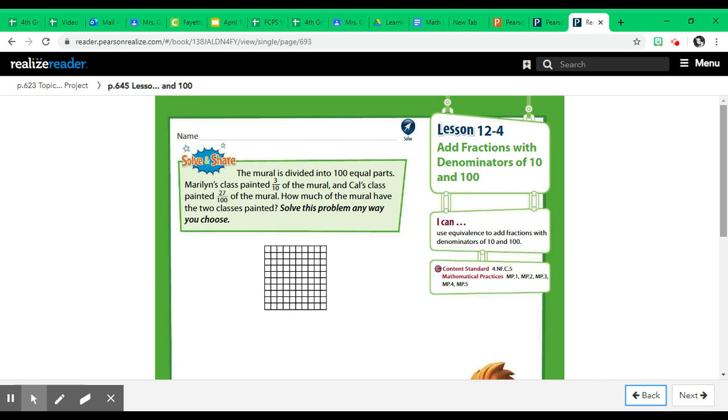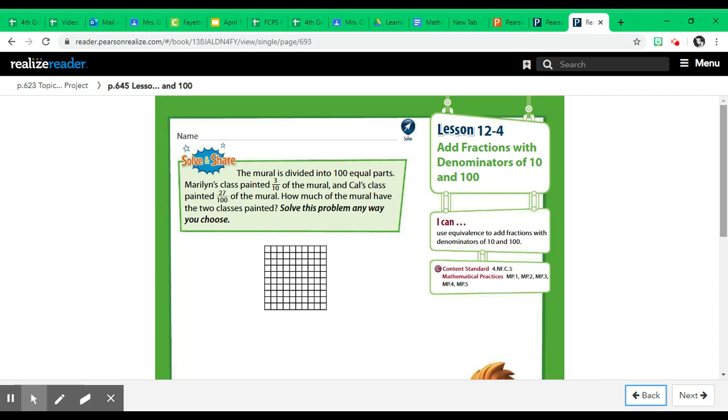So the solve and share today says, the mural is divided into 100 equal parts. Marilyn's class painted 3/10 of the mural, and Cal's class painted 27/100 of the mural. How much of the mural have the two classes painted? Solve the problem any way you choose.